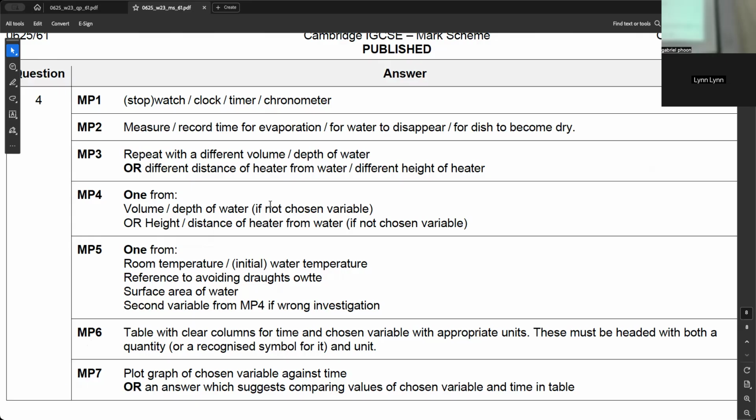The surface area is for sure constant regardless of how much water you pour in, because even if I pour very little here, the surface area is the same. So you just pour a fixed volume of water into the shallow dish. Set the heater at a distance of 5 cm above the water, switch on the heater and measure the time taken for the water to evaporate completely.